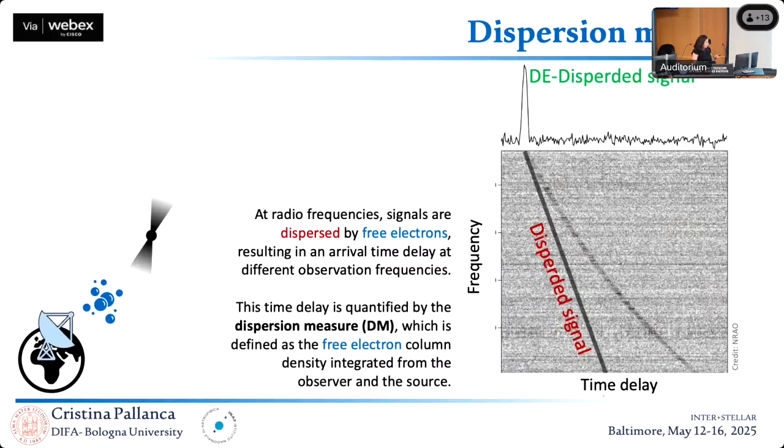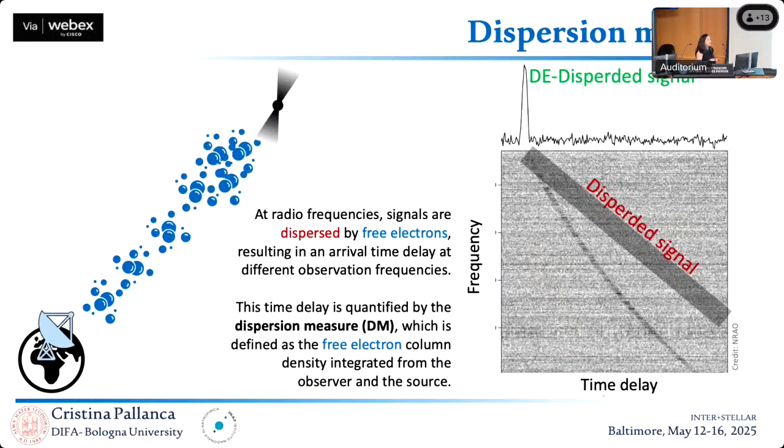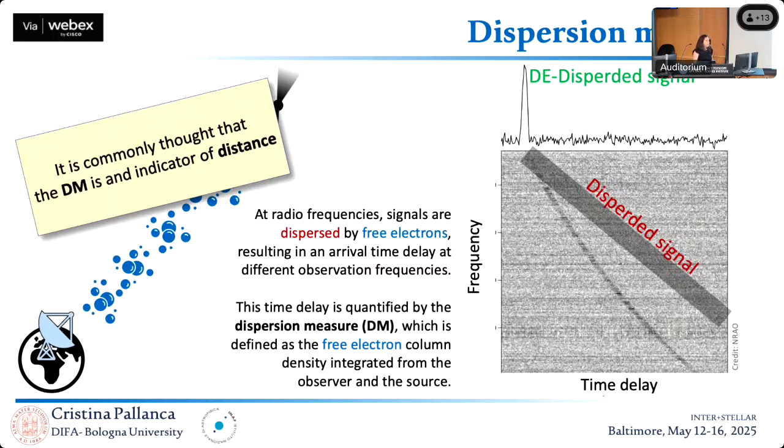So if we have few electrons, we have a small dispersion measure. If we have many more electrons, we have a larger dispersion measure. So we can say that the more electrons there are, the larger the dispersion measure. And we can also assume that the more distant you are, the more electrons you have in the middle. In fact, it is commonly thought that the dispersion measure is a distance indicator.